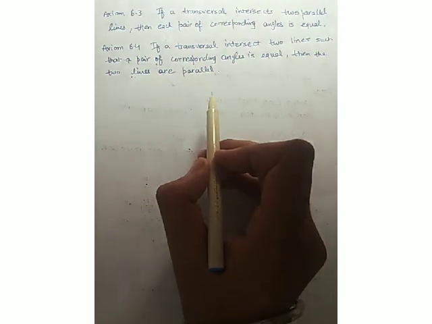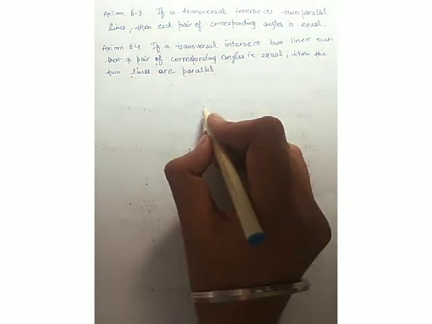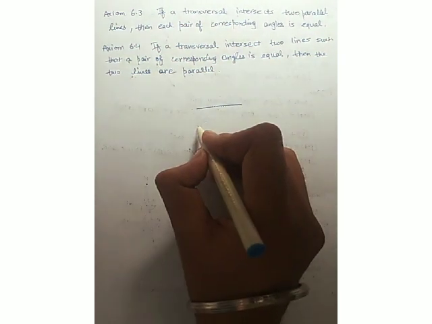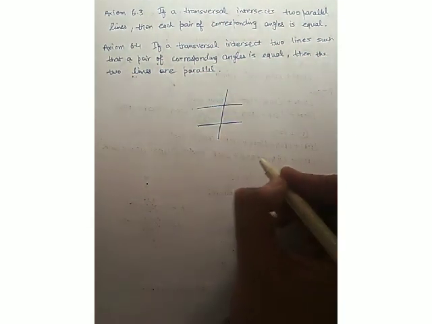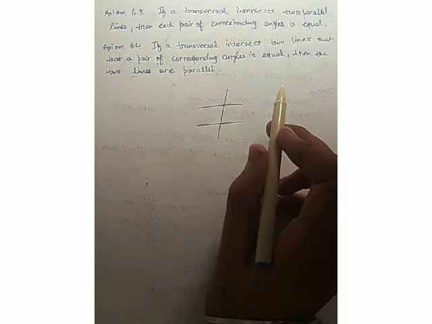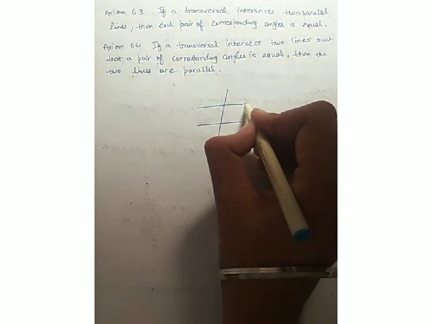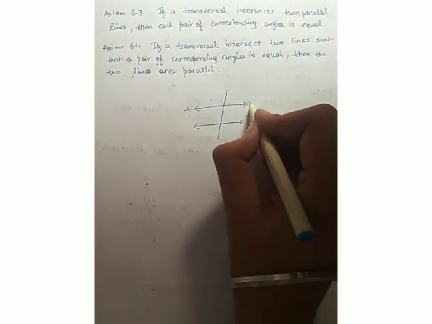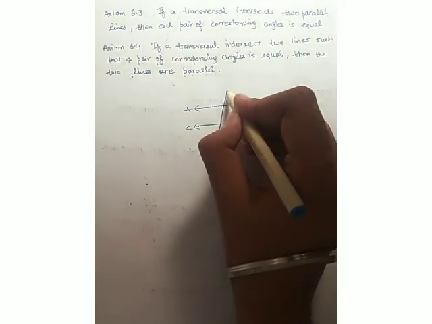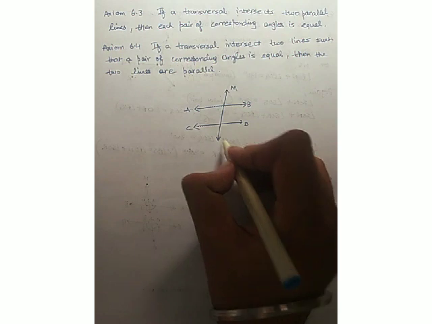Now, if a transversal intersects two parallel lines, let's draw two parallel lines and a transversal, which is intersecting these parallel lines. Then each pair of corresponding angles is equal. Firstly, name the parallel lines and the transversal. The parallel lines would be AB and CD and the transversal can be MN.